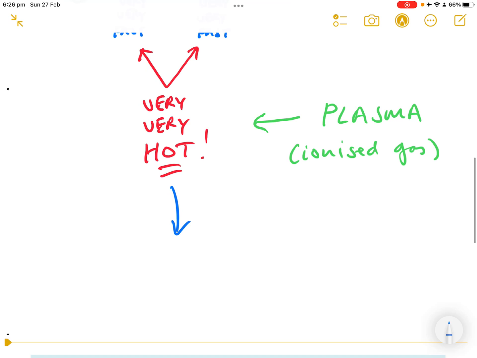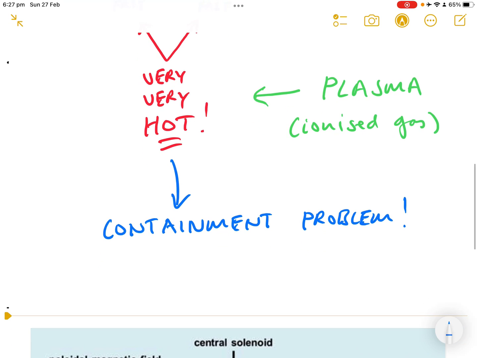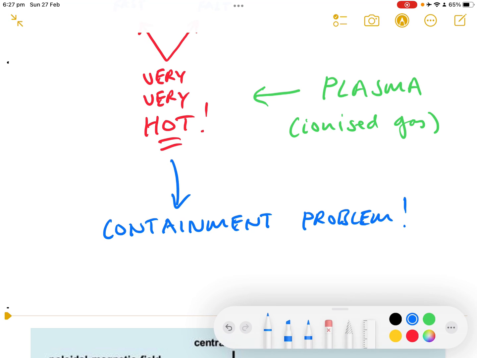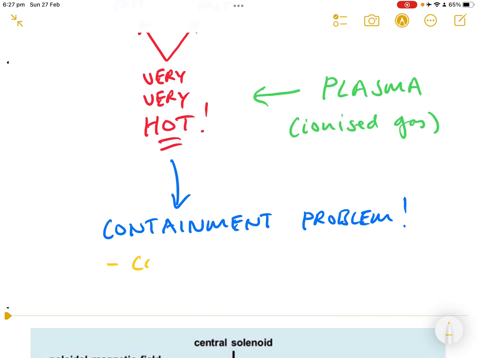But that then gives us containment issues. The reason we have a containment problem is it's so hot that the container melts.